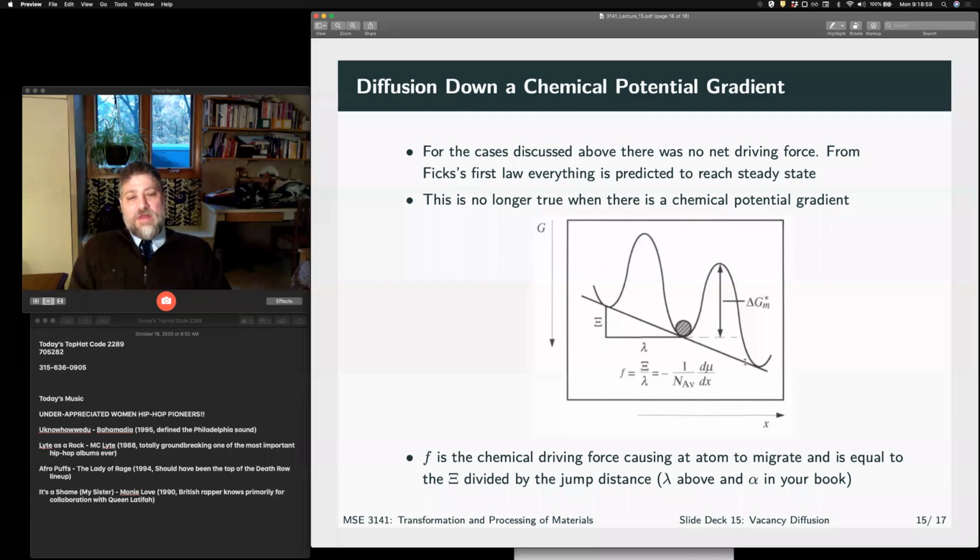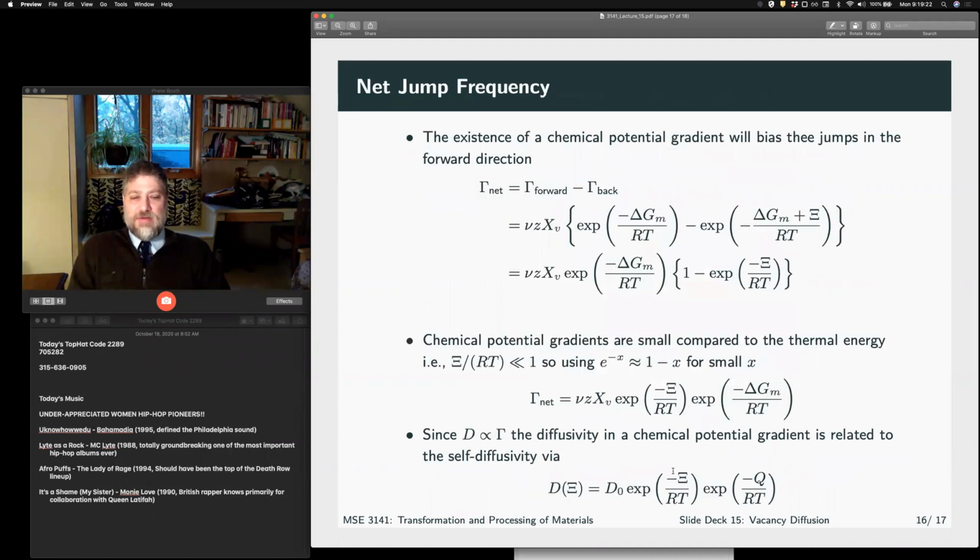So this bias is not particularly strong, but it's sufficient, right? If you remember everything from our Arrhenius rates and our Boltzmann statistics, we don't need a big change in energy to give us a very large change in rate, right? So this is a really important concept, right?